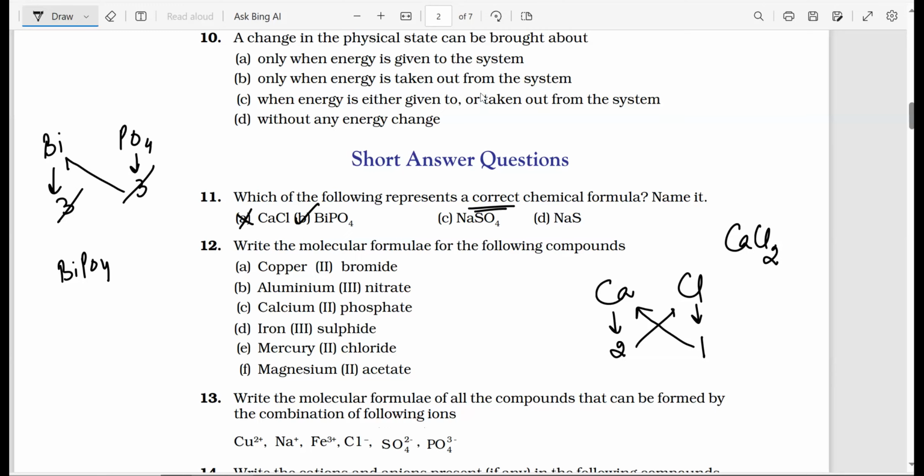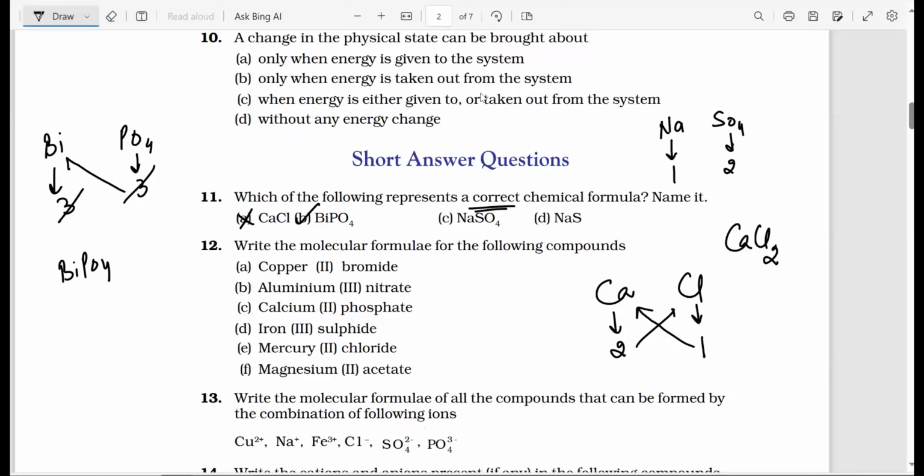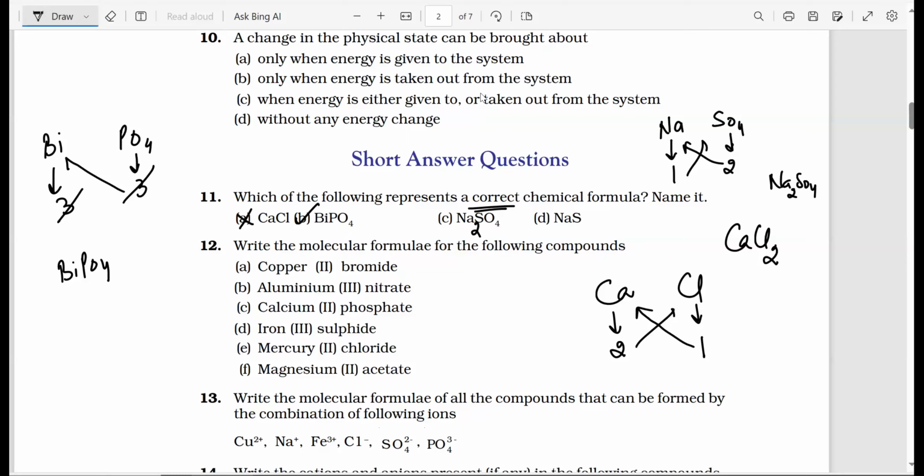Tell me, is sodium sulfate correct? No, it is not correct, sir. Why? Because it should be Na2SO4. Yes, sodium has valency 1 and sulfate has valency 2. Cross multiply, you will get Na2SO4. So here it should be 2. Why is it incorrect?